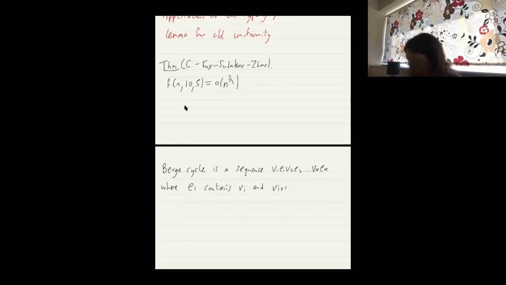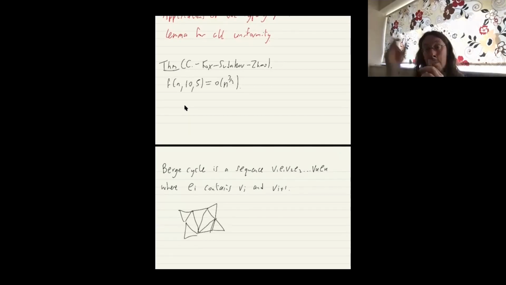Essentially you just take a cycle, and then, assuming it's a 3-uniform cycle, the third vertex of each of these edges can go anywhere. I could put it there, or I could make it actually be one of the other vertices within the cycle. So it's just a graph cycle where we extend each pair to a 3-edge.